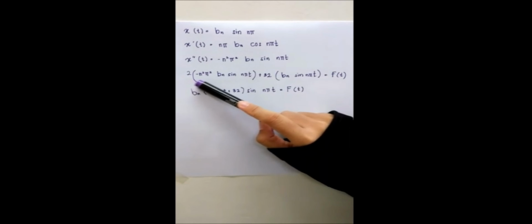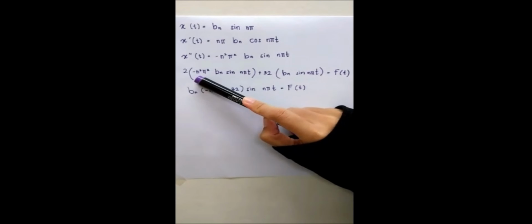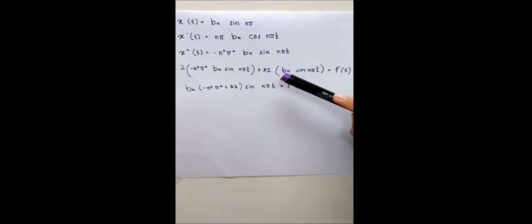2 multiplied by negative n squared π squared Bn sin(nπt) plus 32 multiplied by Bn sin(nπt) equals f(t).